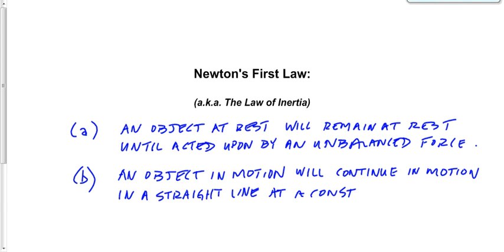In other words, it isn't going to speed up. It isn't going to slow down. It's not going to stop. It's going to keep going in a straight line at a constant speed until acted upon by an unbalanced force.